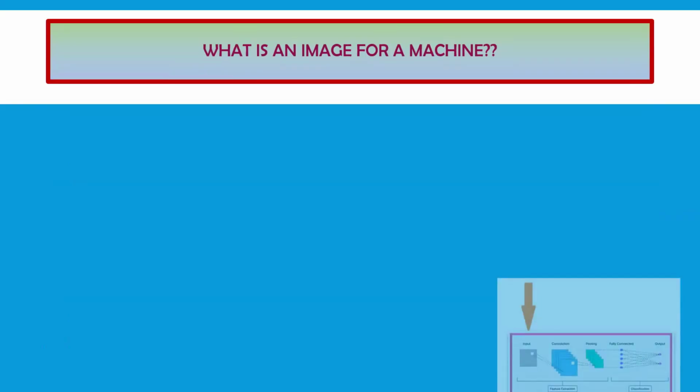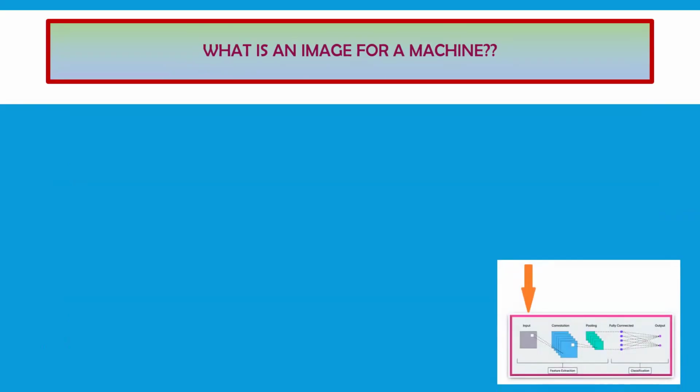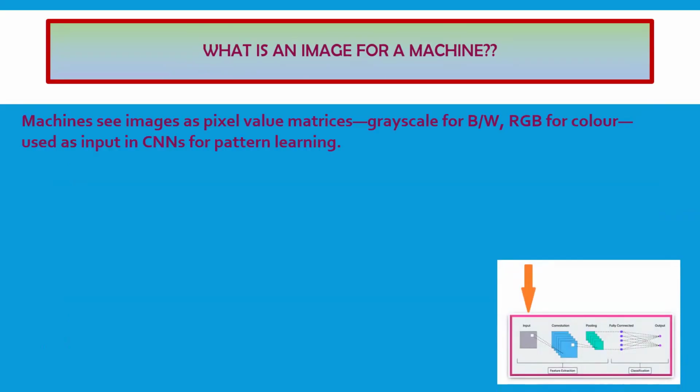We are now on the first step of CNN, taking and representing the image on the input layer. Have you ever thought how a machine sees an image? Unlike humans, machines don't recognize shapes or colors directly. They understand the image as numbers.